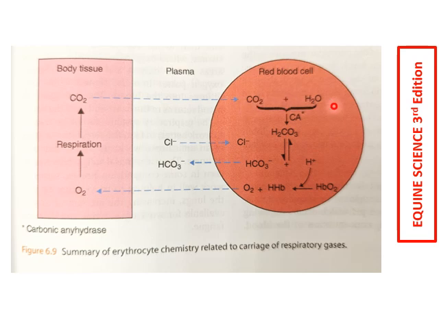CO2 here is the Henderson-Hasselbalch equation. We have our unstable intermediate. We have bicarb and hydrogen ions. We have an exchange back and forth between the charges, making sure everything stays where it needs to be. These two, carbon dioxide and water, are turned into carbonic acid by CA, which is carbonic anhydrase.